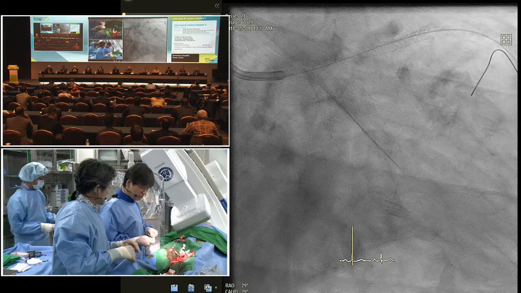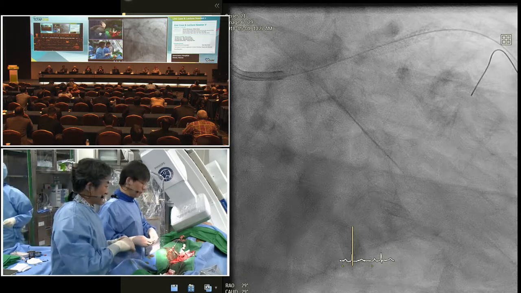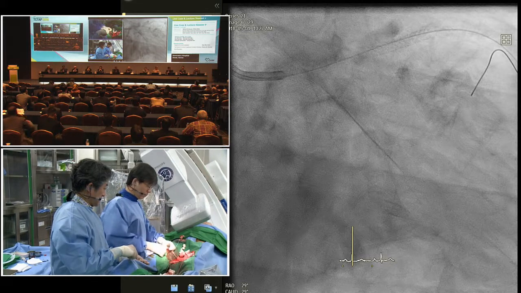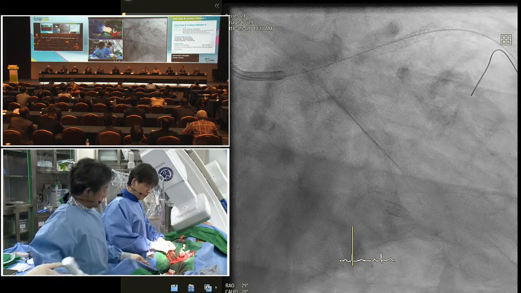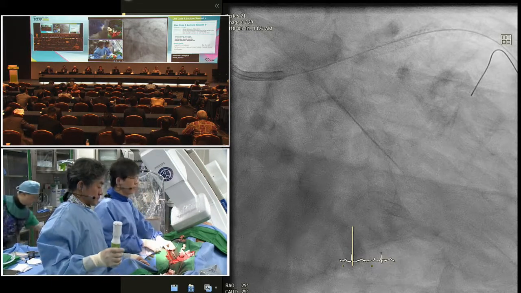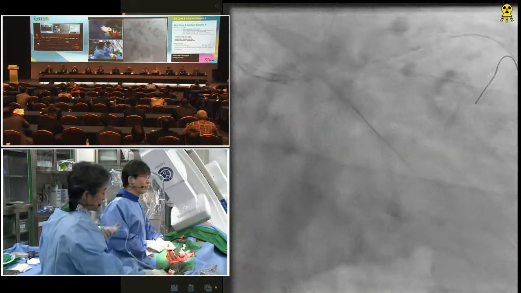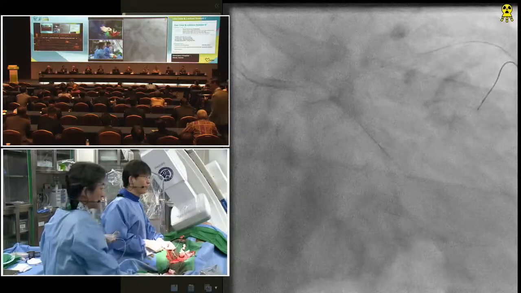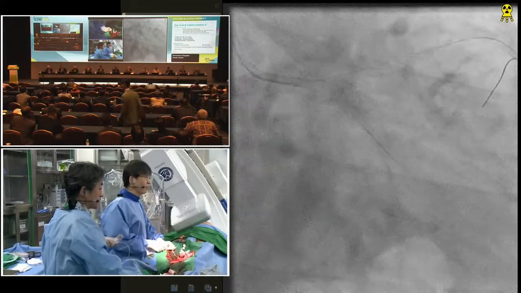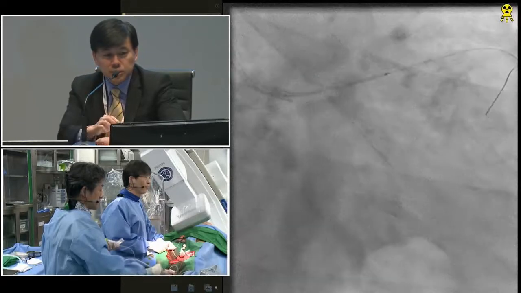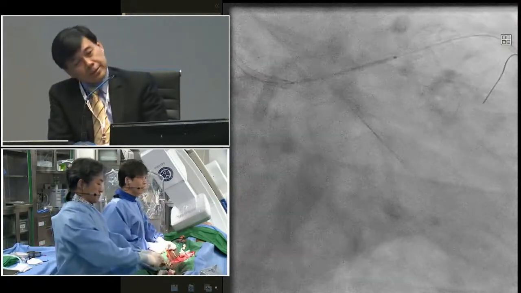Well, I don't use DK crush a lot, but I thought whenever you attempt a crush technique, it makes sense to do a kissing first. It helps to improve your access to the side branch. You know, probably 100% of the time you're going to be able to get into the side branch. With a classic crush, there's a very small chance that you have difficulty wiring the side branch sometimes.